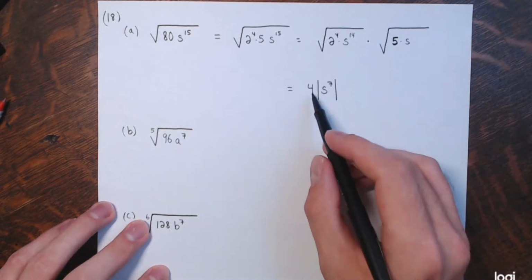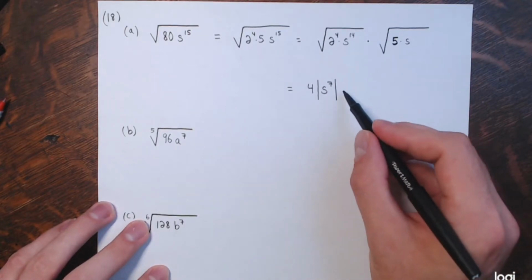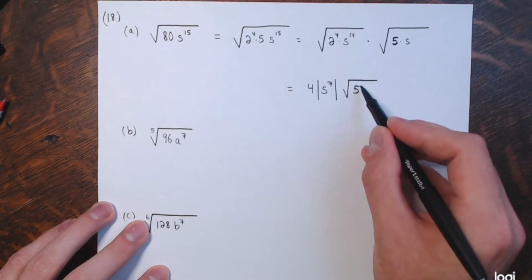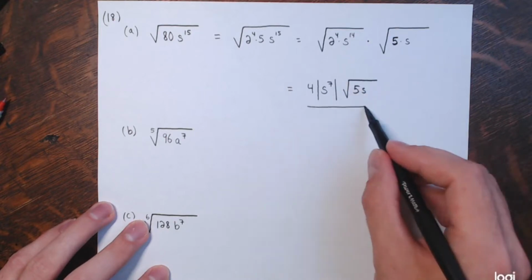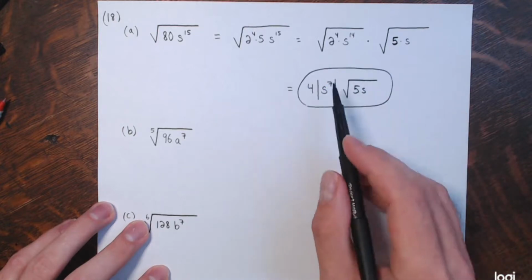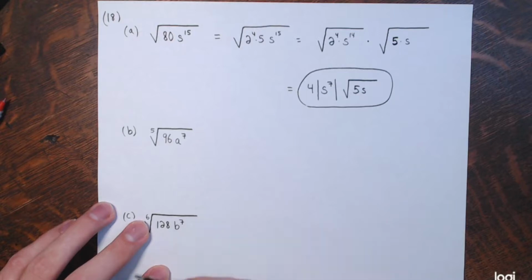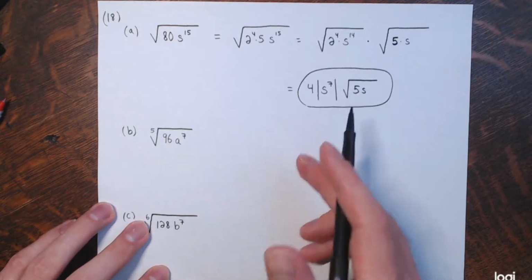So 4 times the absolute value of s to the 7th, then times the rest, right? Times the square root of 5s. And you could pull s to the 6th outside of the absolute value symbol because s to the 6th will never be negative, but this is fine.